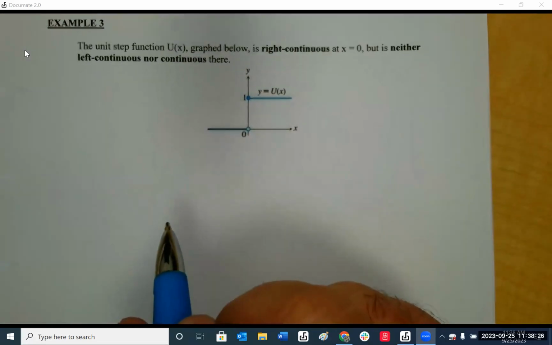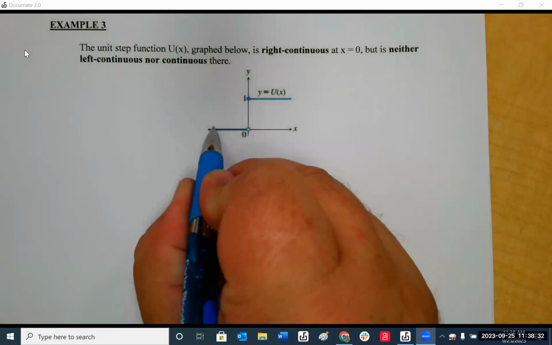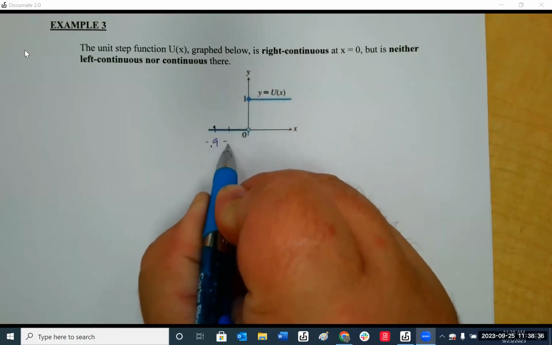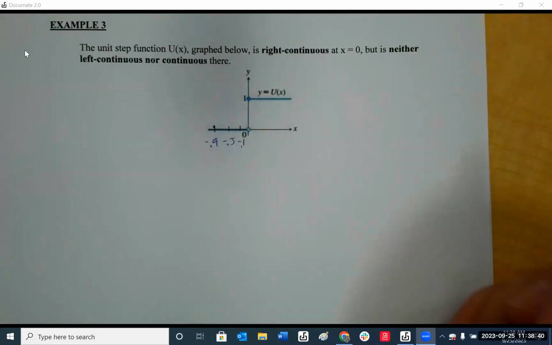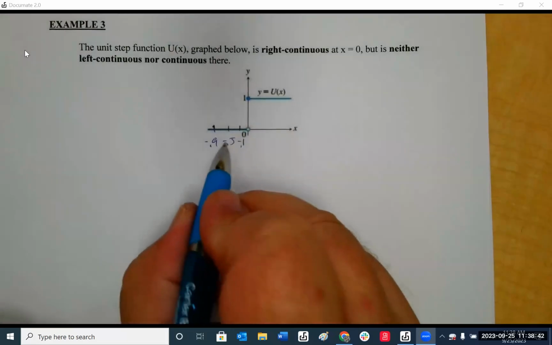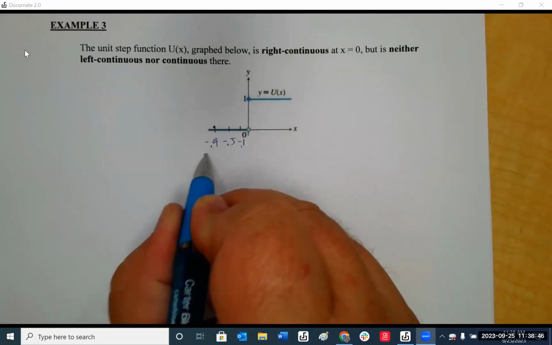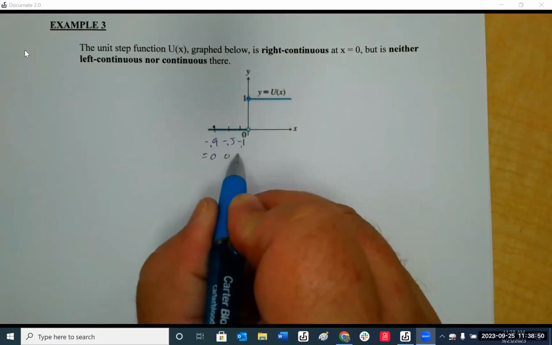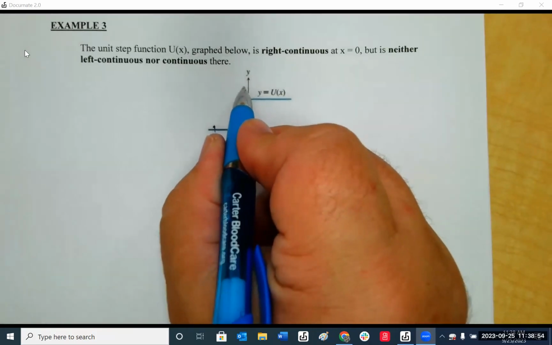Well, why is it not left continuous? Because it's not approaching the value. At -0.9, at -0.5, at -0.1, what's the value? At 0, it's 1.